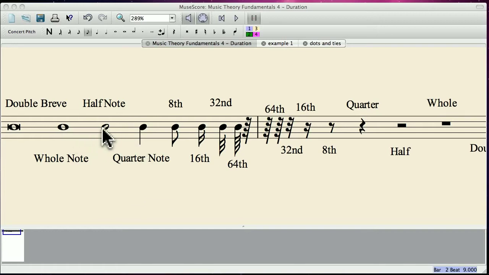Sometimes people get this concept of duration mixed up with speed or how fast the music is going. And that's not the case. We can completely separate this notational system we have for duration from the actual tempo of the music.